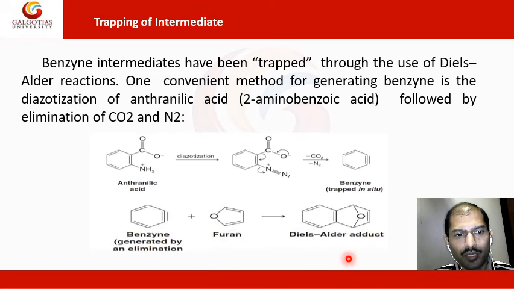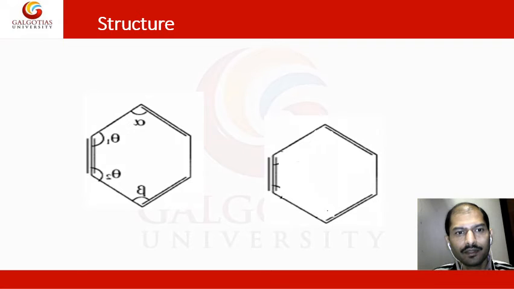So this product can be formed in situ, as the benzyne is formed in the form of an intermediate. If you see the structure of this, it looks like a triple bond in the benzene ring.